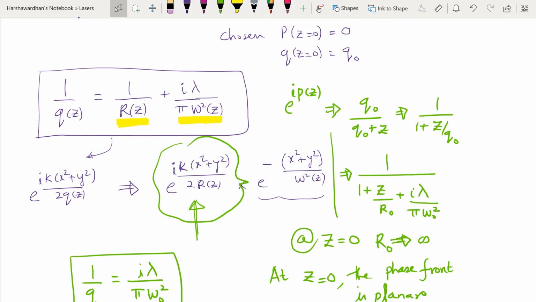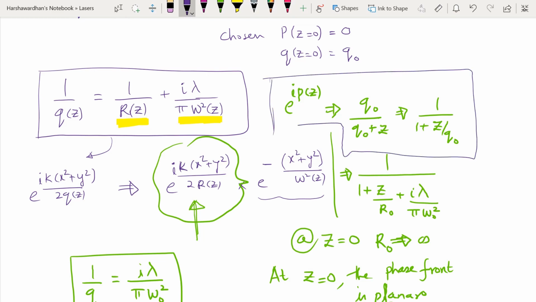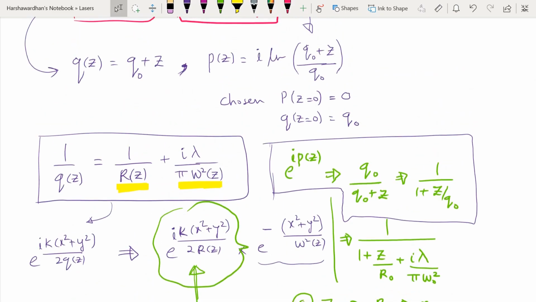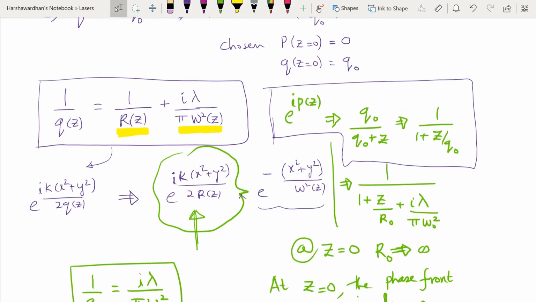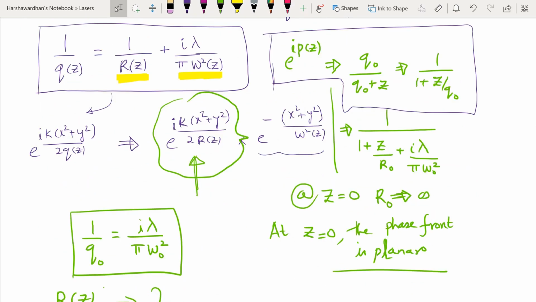Then I have the other phase factor, which is captured by the P of Z. I know the form for P of Z, so exponential i P of Z with the logarithm sitting there will look like this. In my exponential i P of Z, I get this factor of Z over Q naught.